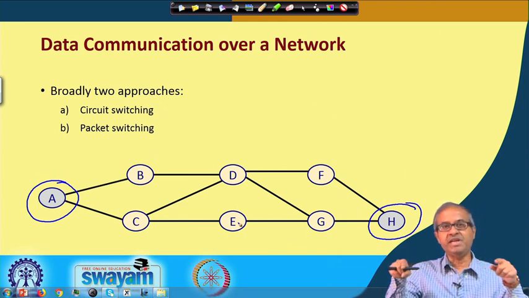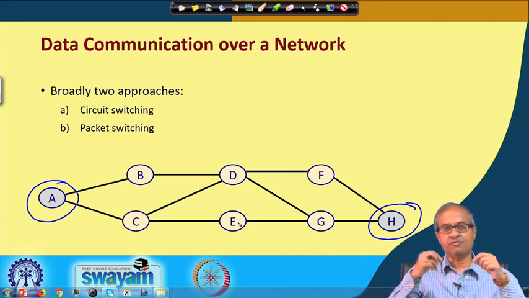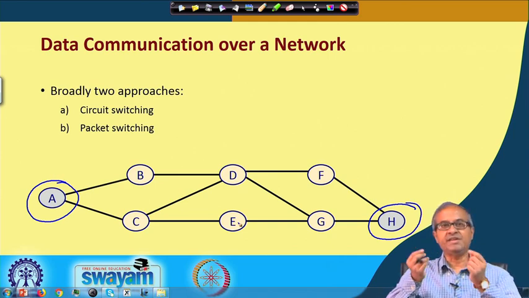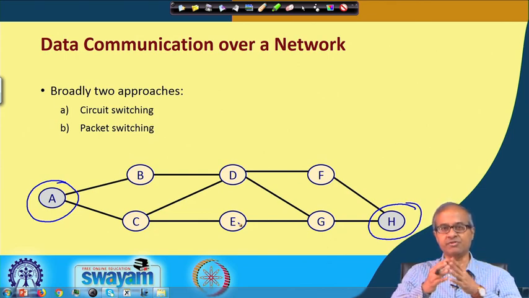So, from A to H there is no direct path. Whatever data you want to send, they have to traverse or travel through various other intermediate nodes. Now, in computer network terminology, these intermediate nodes are typically routers. We shall be looking into routers again later.